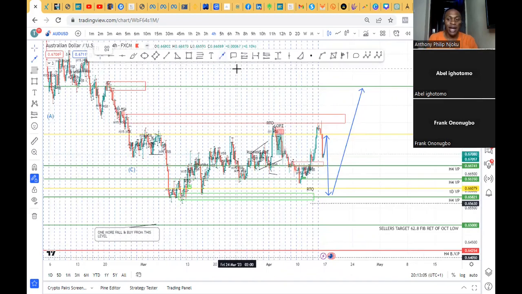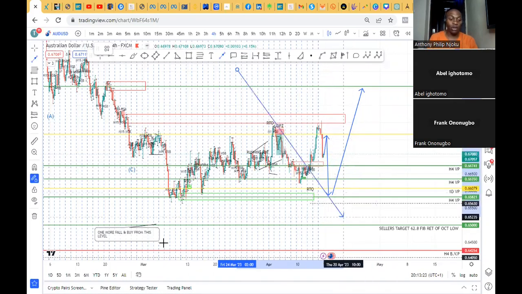Since I see that there is a very sharp resistance, and this is a daily validation point, the market dropped, came back into this daily validation point, dropped, daily validation point, dropped. Over here is now the H4 validation point with efficiency, and it's dropping.